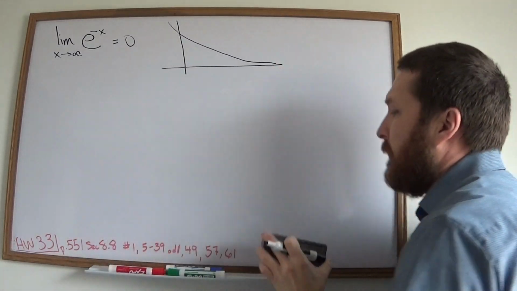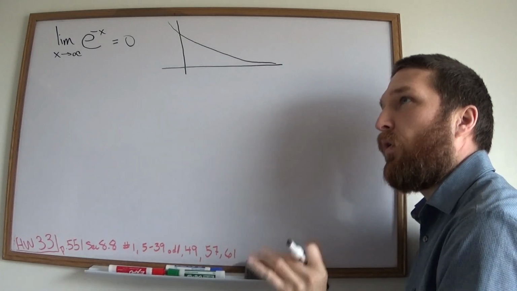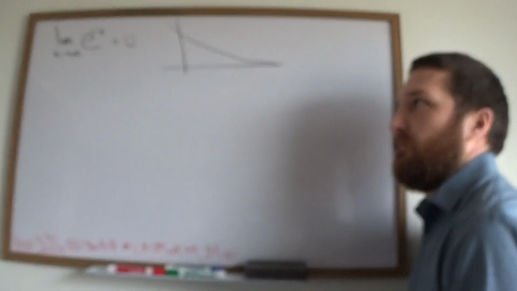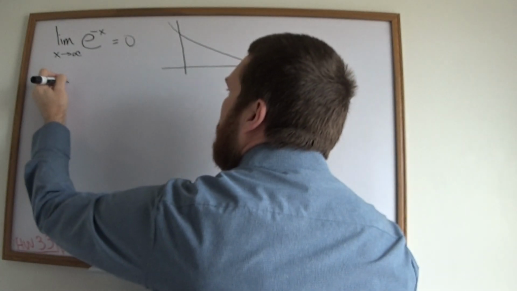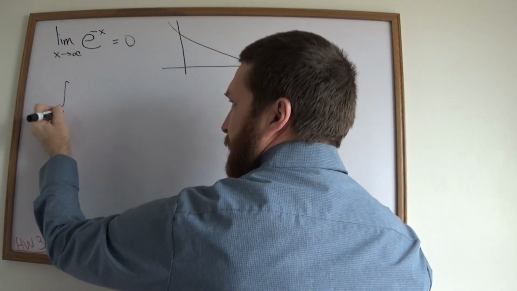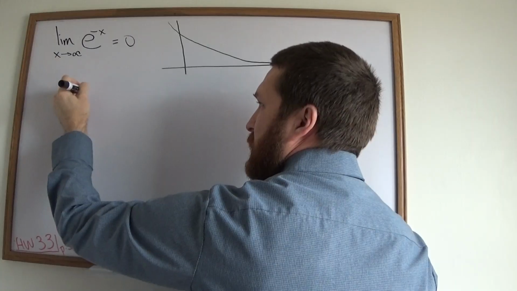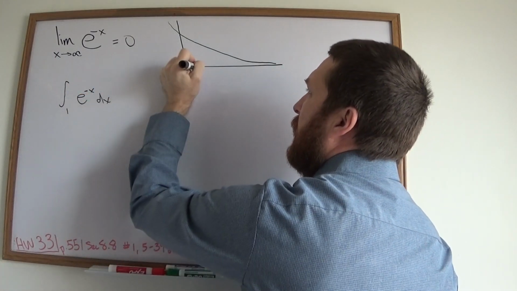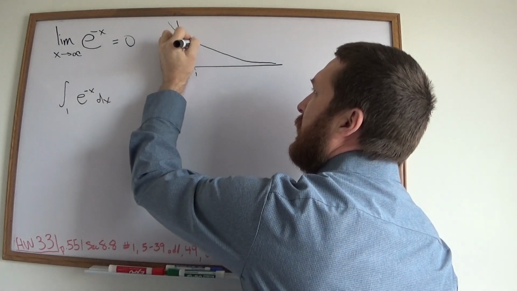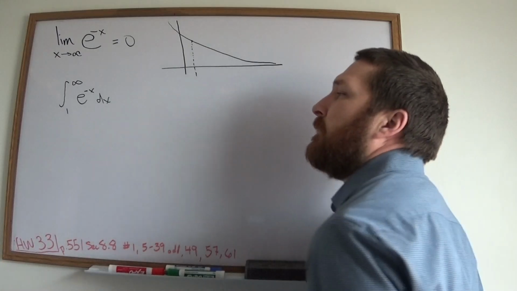Now, I'm not going to bother to tell you what this is or how we're going to compute it. But let's interpret it as an area. Let's say it's the area of this very function right here, dx, from 1 to infinity.